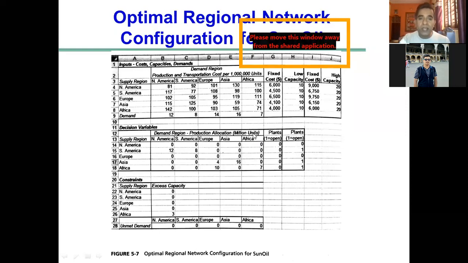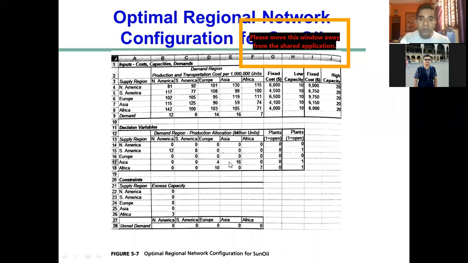So that is how network optimization models are used in phase 2 in deciding the location of the facility, production capacity, and allocating demand to each facility. And this table mentions the excess capacity. In the South American plant, if we consider 20 million unit capacity, 12 plus 8, 20 million capacity is utilized, no excess capacity.